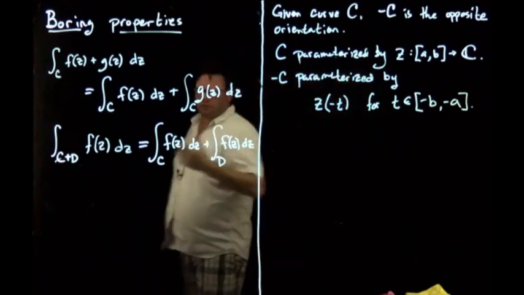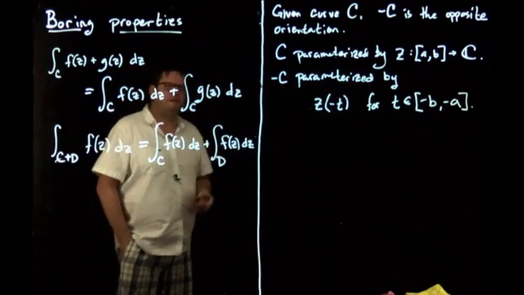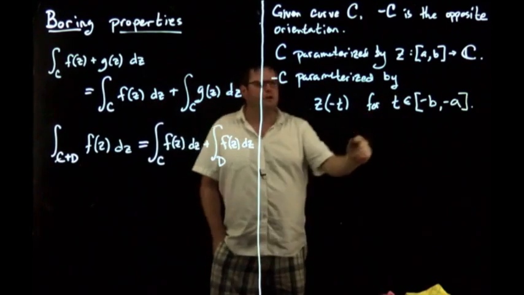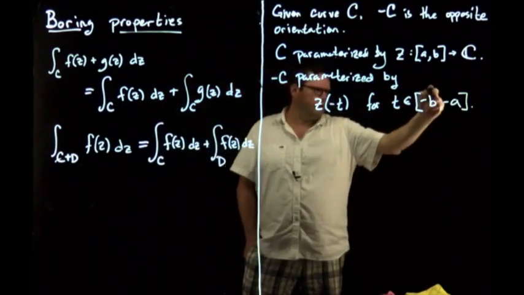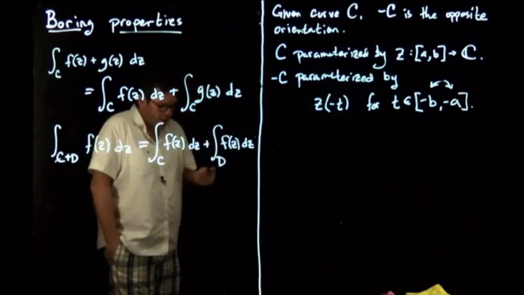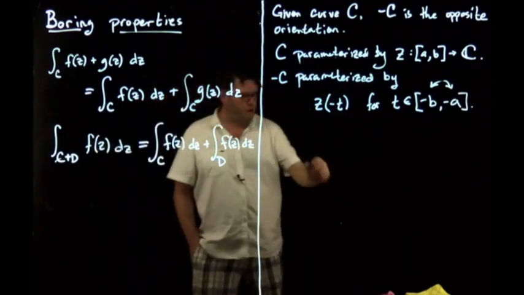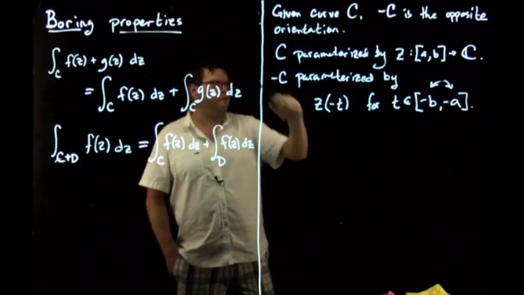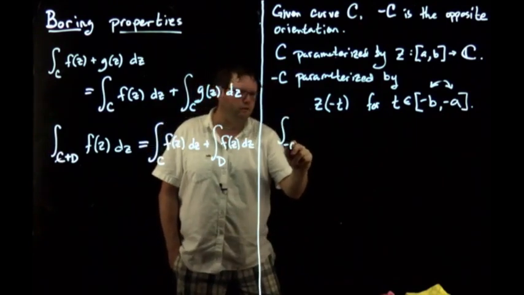Again, remember, in the circle case we have a nicer way to write this, but in the general case we have to do this, where we make everything negative and these two get flipped. Now we can think about taking the contour integral of f along minus C.